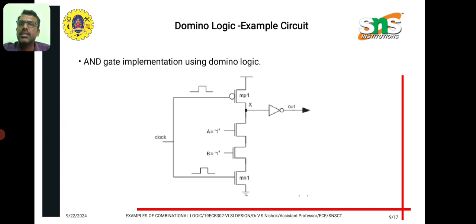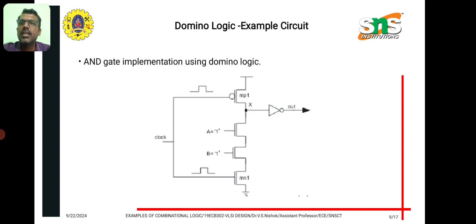For the AND gate, A and B, that is A dot B, are two NMOS transistors connected in series in the pull down network, and the clock signal is given commonly to the PMOS transistor MP1 and the NMOS transistor MN1. Its output is taken and connected to the static CMOS inverter, and the final output is taken. That is the final output of the domino logic.